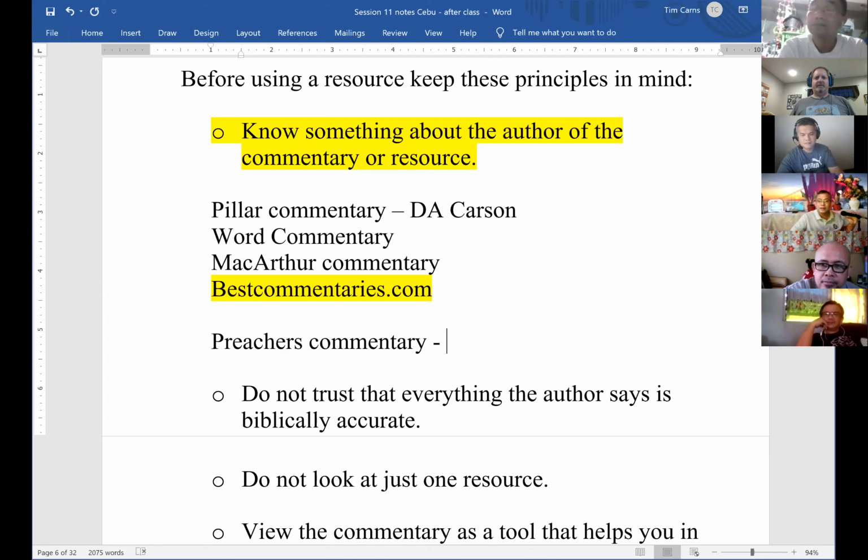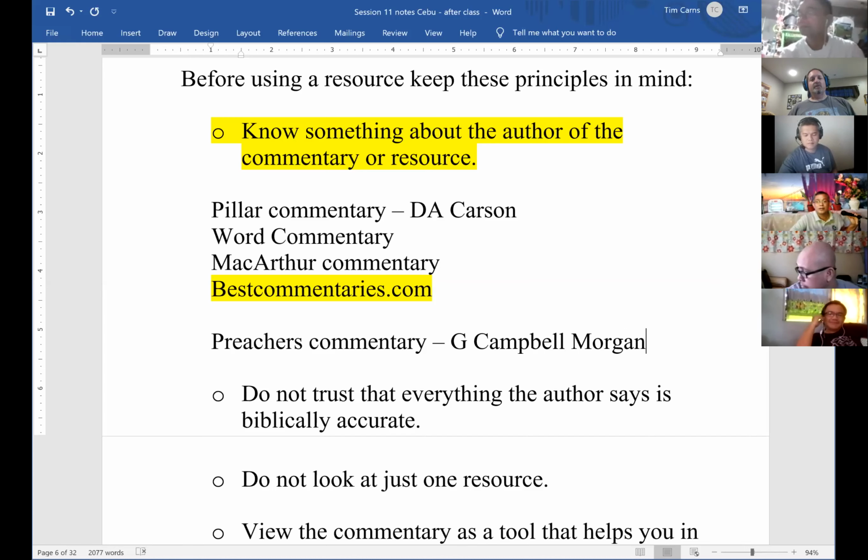It's an older commentary, I think, right? Yes. Is that from G. Campbell Morgan? Yes, G. Campbell Morgan. Okay. Solid. He's more of a preacher. He's a good preacher. I would say you probably won't get a lot of exegetical information from him. He's focused more on the preaching side of it, more homiletic.